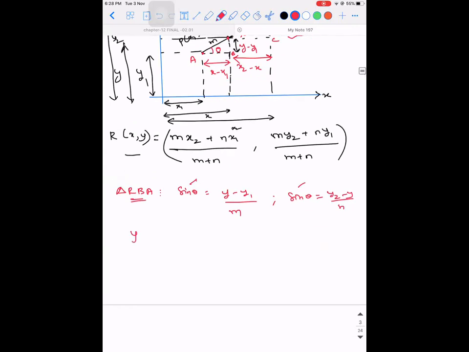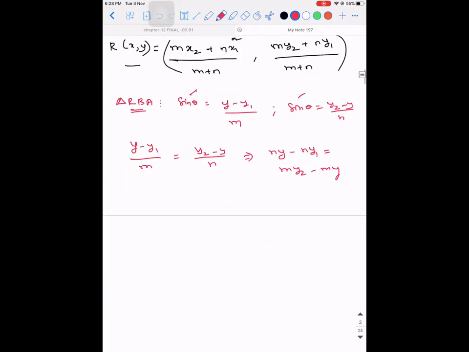Can I equate them? So (y minus y1) by m is equal to (y2 minus y) divided by n, which implies ny minus ny1 is equal to my2 minus my. So my will go to the other side and ny1 will come to the other side. So (m plus n) into y is equal to my2 plus ny1. So y will be (my2 plus ny1) divided by (m plus n).